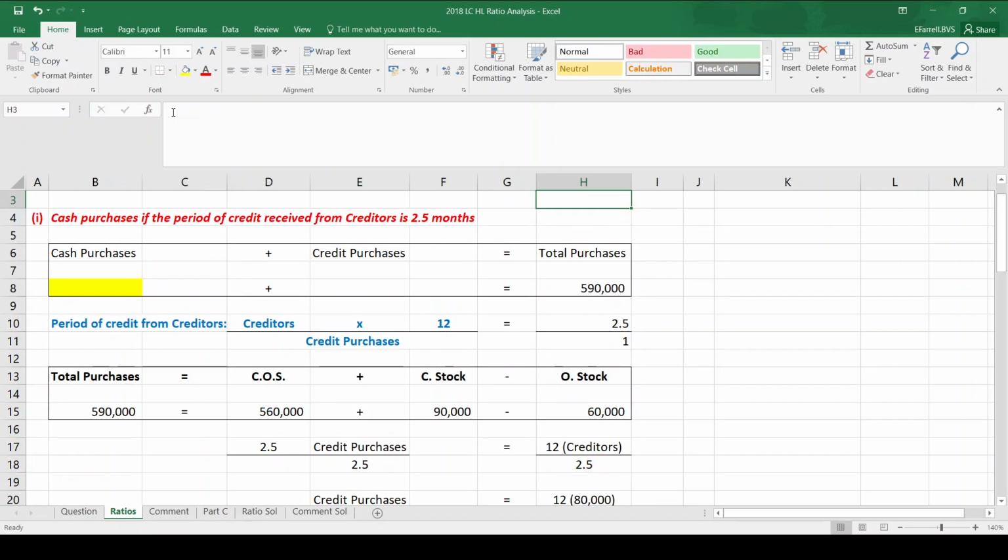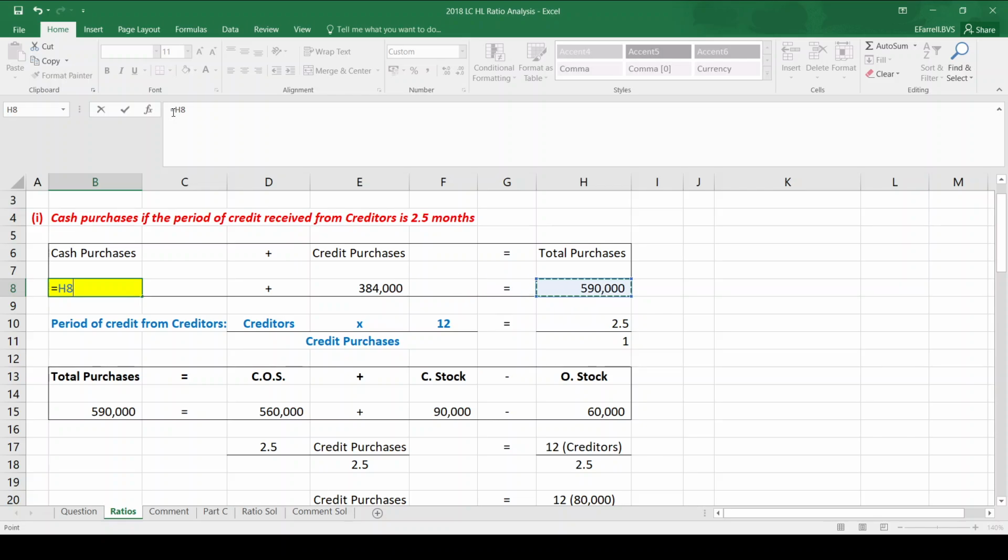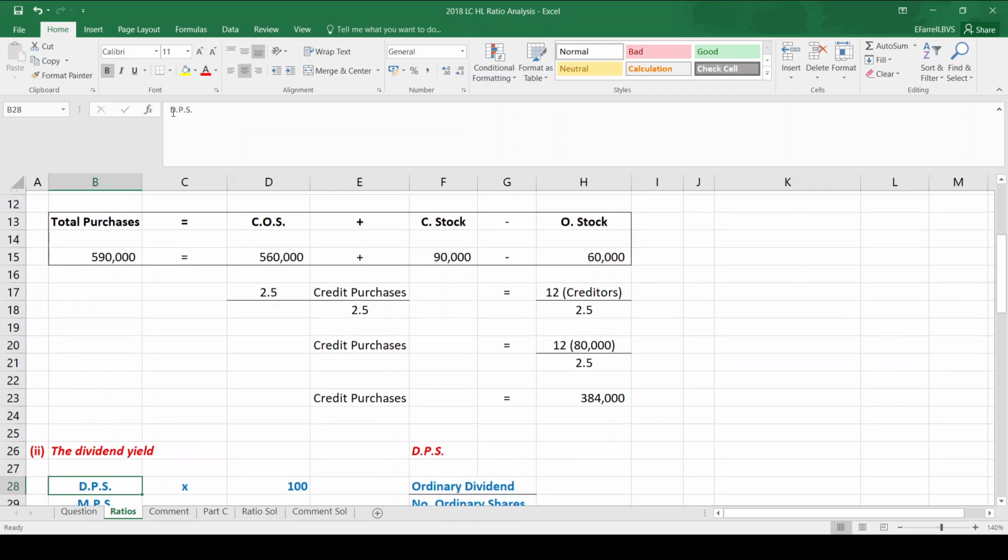So now credit purchases are 384,000. My cash purchases must be the difference, because my total purchases are 590,000 and my credit purchases are 384,000, so my cash purchases are 206,000, and that's what we're asked to calculate.